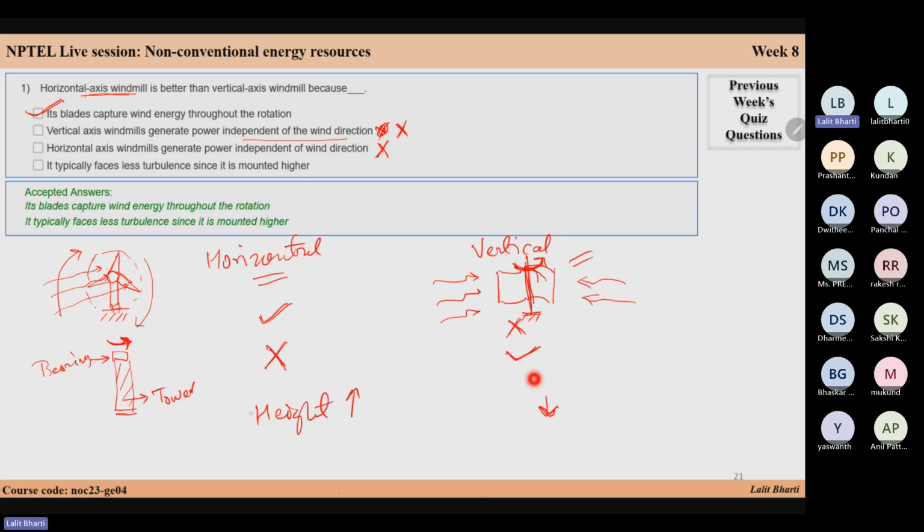Their heights and tower lengths are quite high, so they feel less air turbulence, because as you go higher in the air, away from the earth surface, the turbulence will be lower. So option four is also correct. So the accepted answers are the first option and the fourth option.